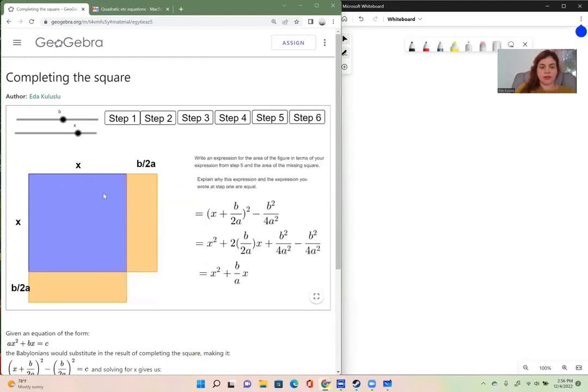And then the area of this, which is the area of the large square, subtracting the area of the missing square, which gives you something like this down here, x squared plus b over a x. And you'll see when we do an example of the Babylonian method that this setup actually occurs when we're solving an actual example.